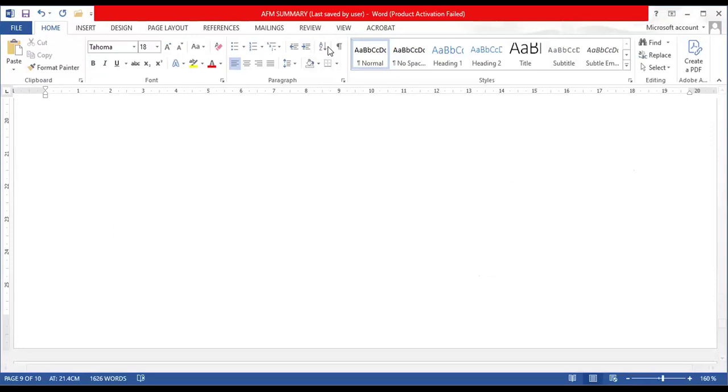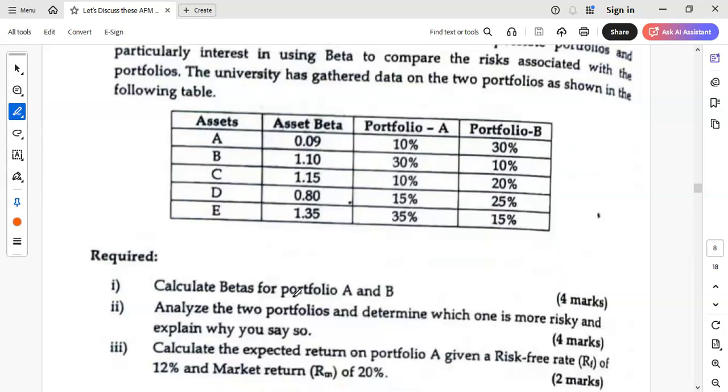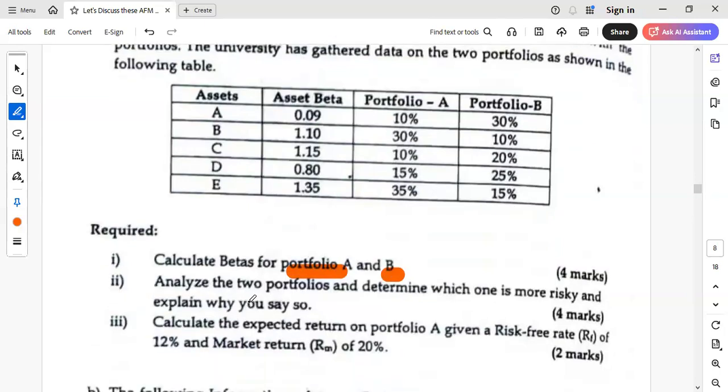So when you look at this computation, we are told to calculate the betas for portfolio A and B. You have 3-4 marks. Then after that, you analyze 2 portfolios and determine which one is more risky.